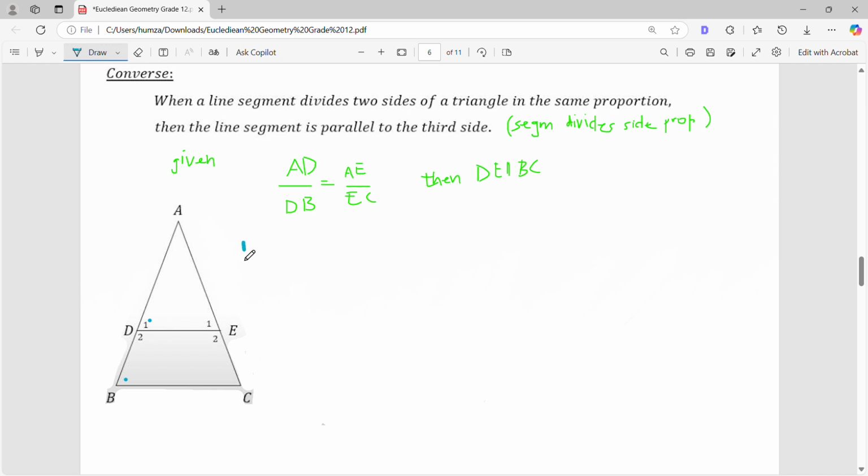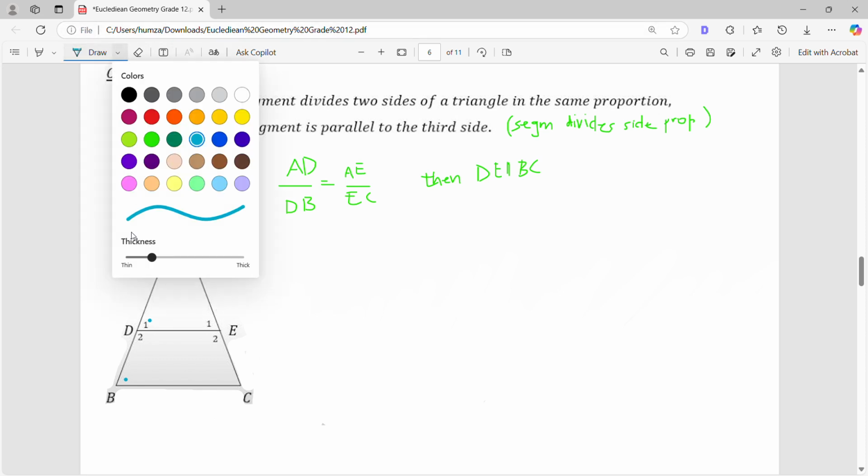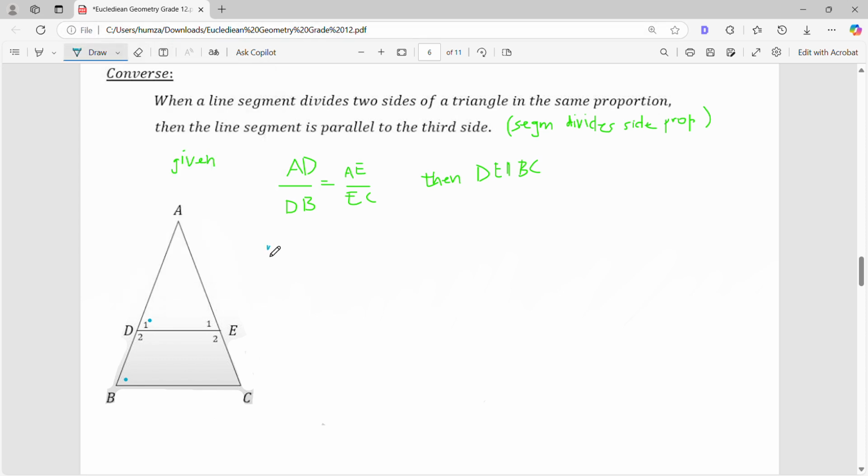So we can say D1 is equal to B, and why?